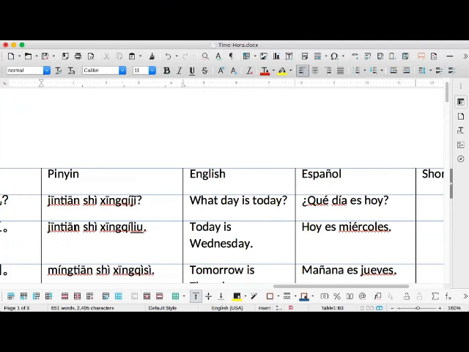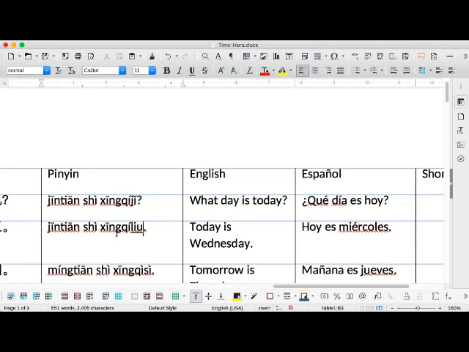So 今天是星期六。 Let's read together. 今天, 是, 星期六。 Yes. Today 今天 is 是 Saturday 星期六。 Very good.